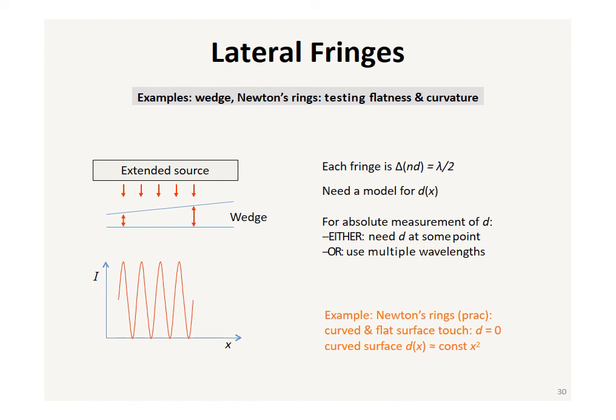There are a whole lot of interference fringes where the optical thickness, nd, is the dominant parameter. And these are called lateral fringes, and that's because the patterns are at right angles to the direction that light is traveling. They're also called fringes of equal thickness.